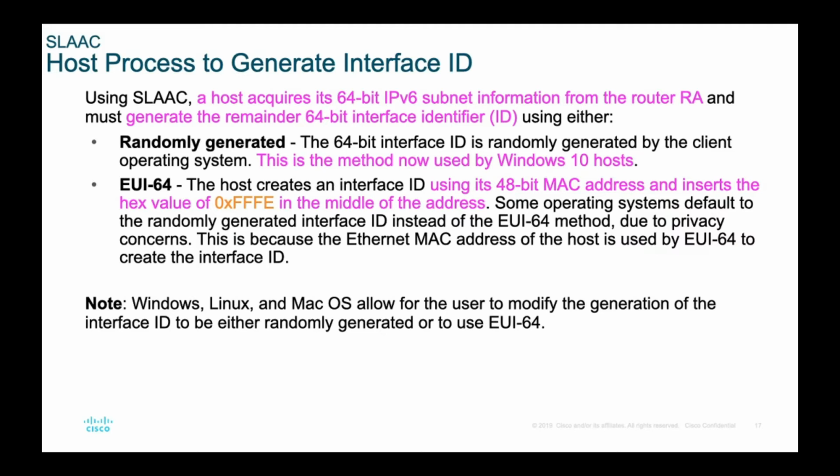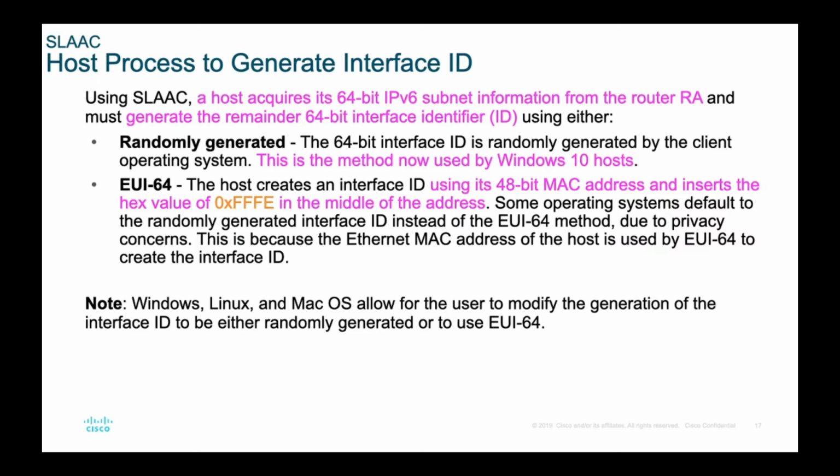They already get the first 64 bits from the router advertisement, and then they need to generate the next 64 bits. There are two ways to generate it. Why did they put randomly generated first? Because it is the most used method today. They randomly generate the last 64 bits.